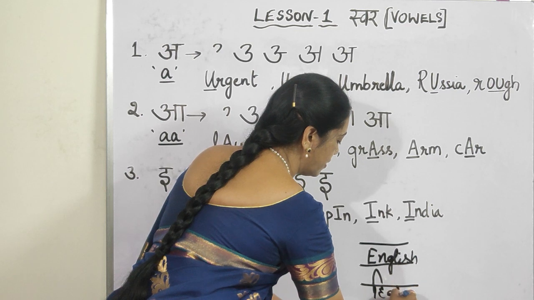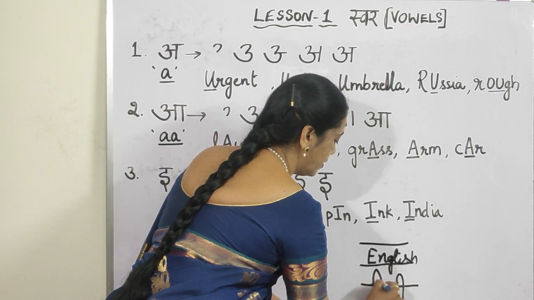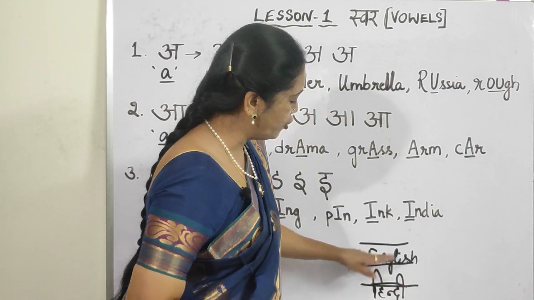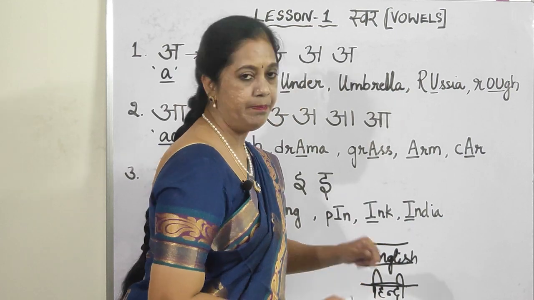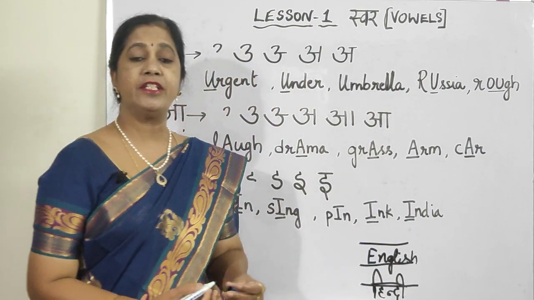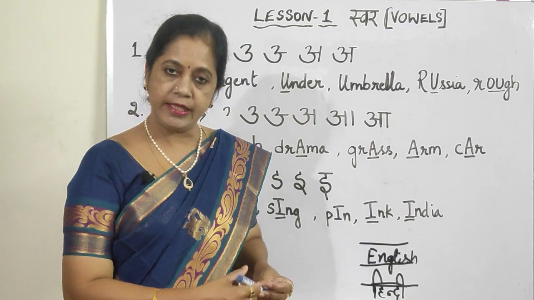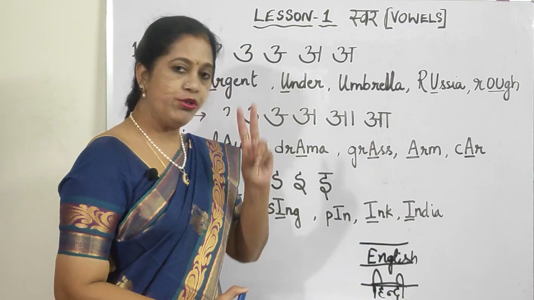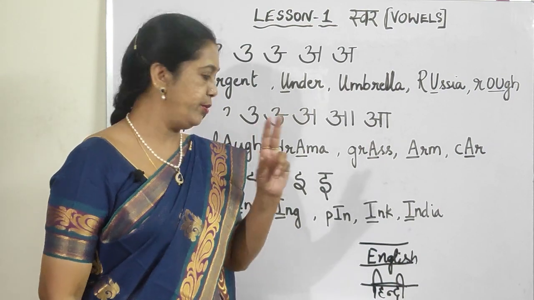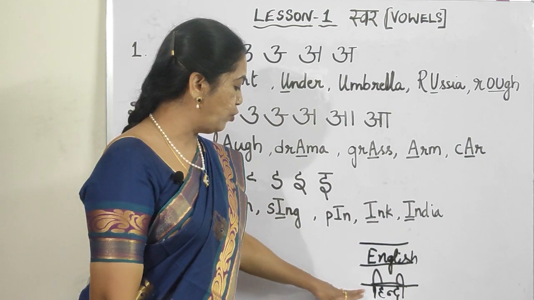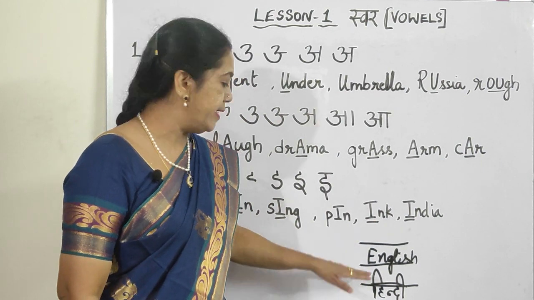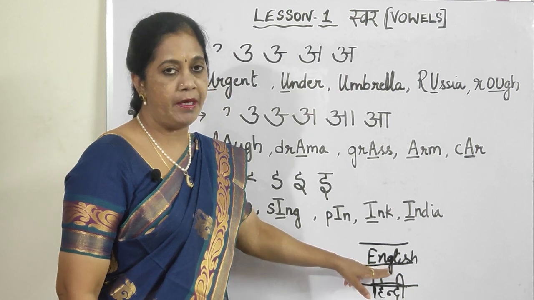Like this. See? English you have written above the line, Hindi you will write below the line. So this is the difference between English and Hindi. So when you are learning Hindi in a ruled notebook, you have to always write it below the line, and English is always written above the line.